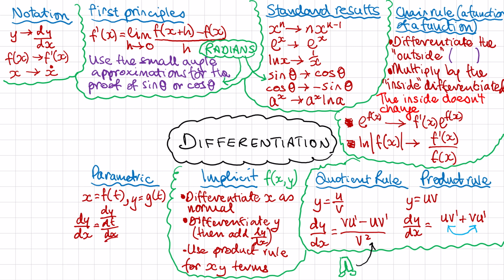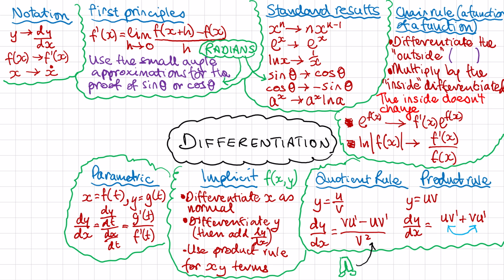So in terms of the function notation that I've used, that will be g dash of t over f dash of t. So the y part differentiated over the x part differentiated. Here, if I wanted to find what the gradient was, I would need to substitute in the appropriate value of t.